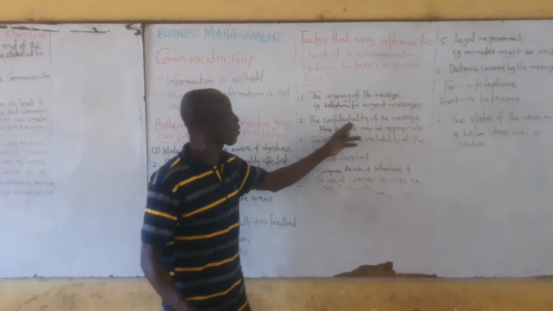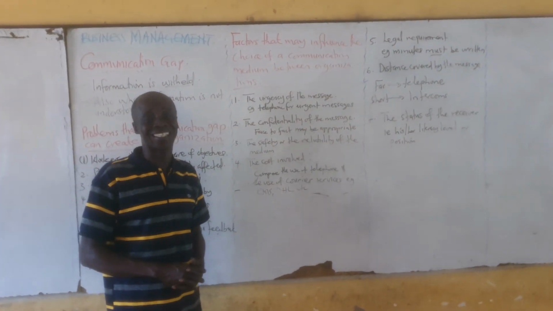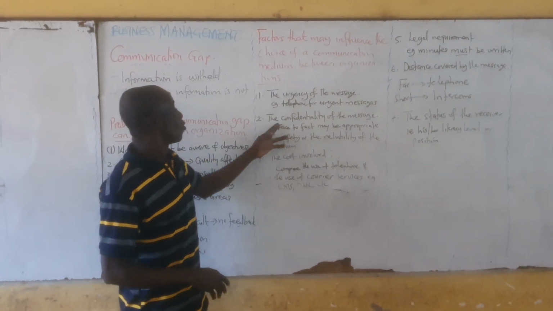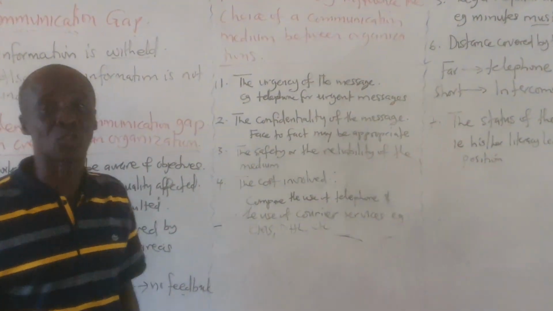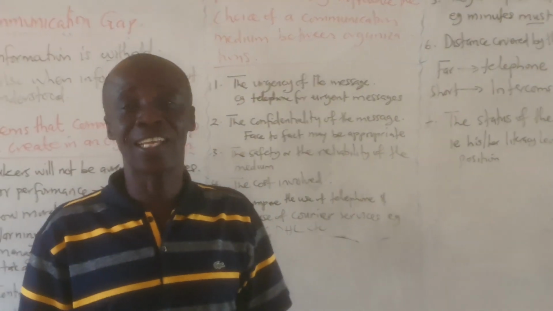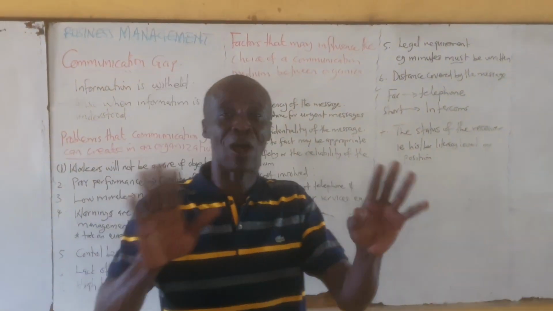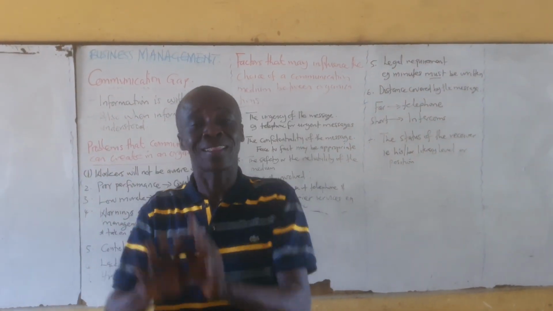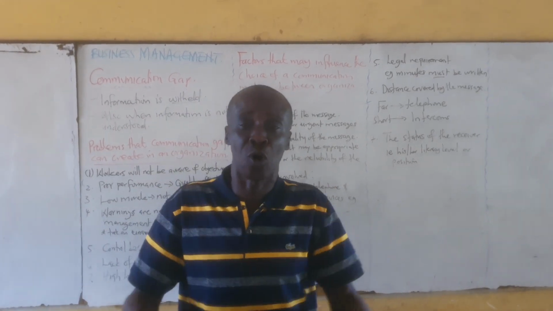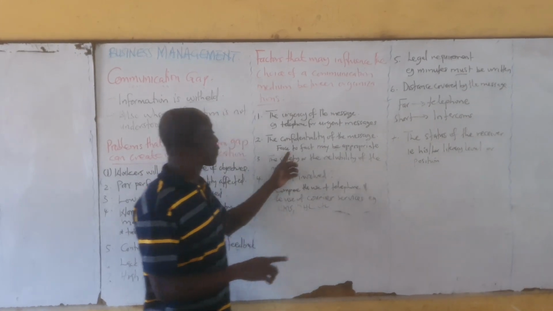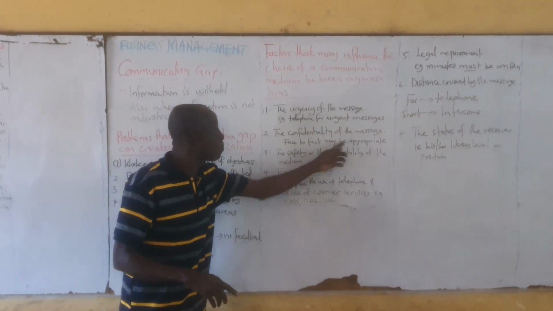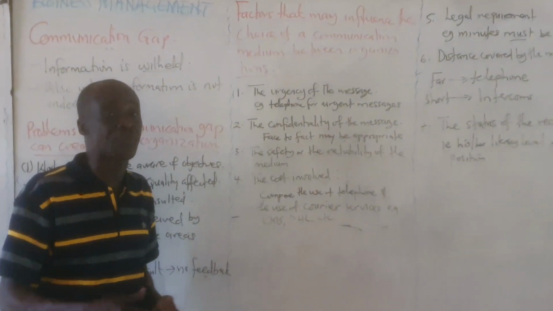So the concept of confidentiality, you understand it. If the message is so confidential, that means that it is exclusive to a particular person or group of persons. Third parties are not supposed to know of it. In such a situation, face-to-face communication may be preferable.